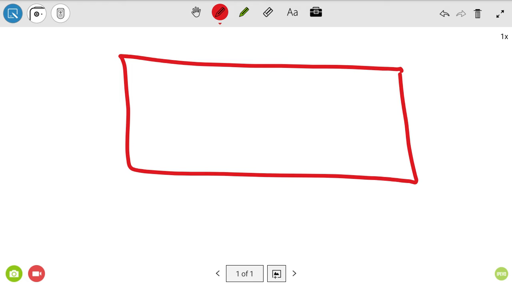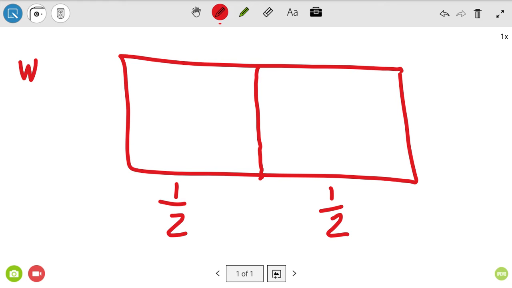So as I'm looking at my rectangle, I want to partition this shape into halves. So that's going to be 2 equal pieces. So I'm just going to cut that right down in the middle. And so now each one of these pieces is called a half. So just to go over that one more time, I took my whole and I broke it into halves.